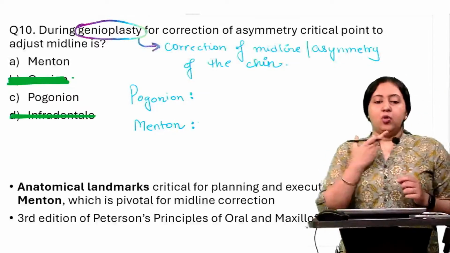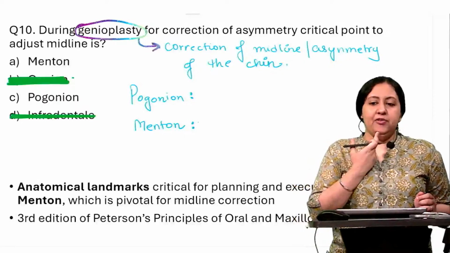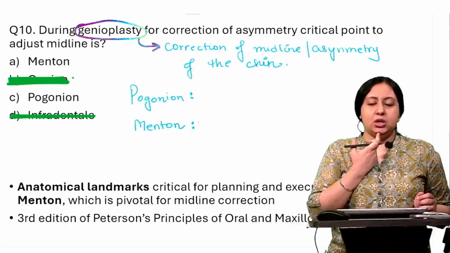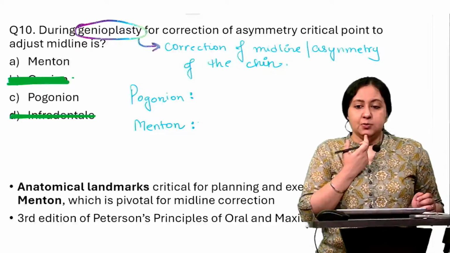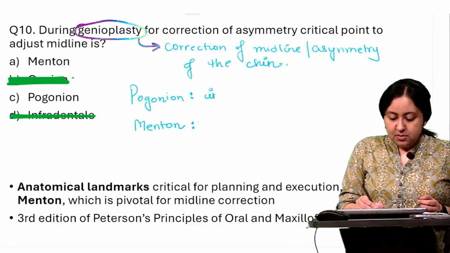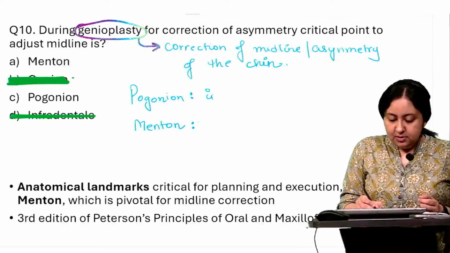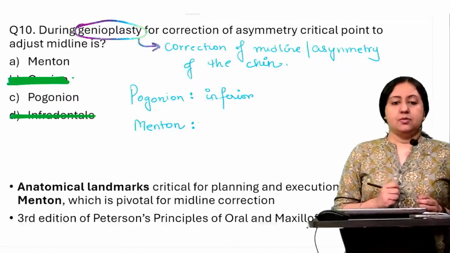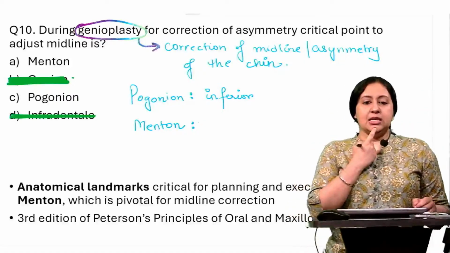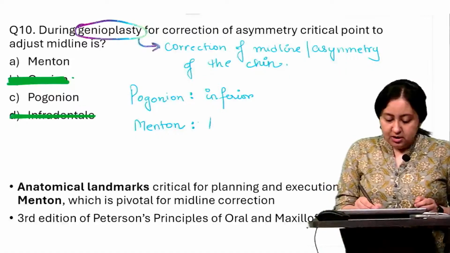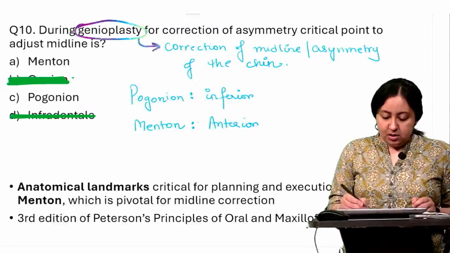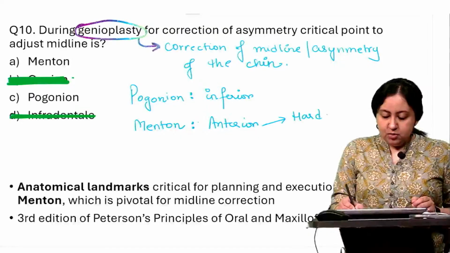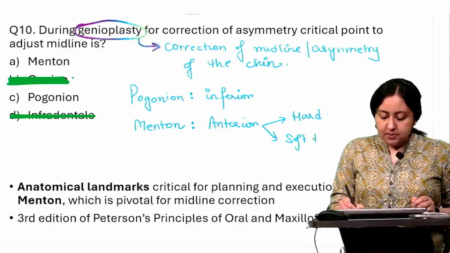Now pogonion is the inferior most point on the bony symphysis. And menton is the anterior point, and menton is a hard tissue as well as a soft tissue landmark.